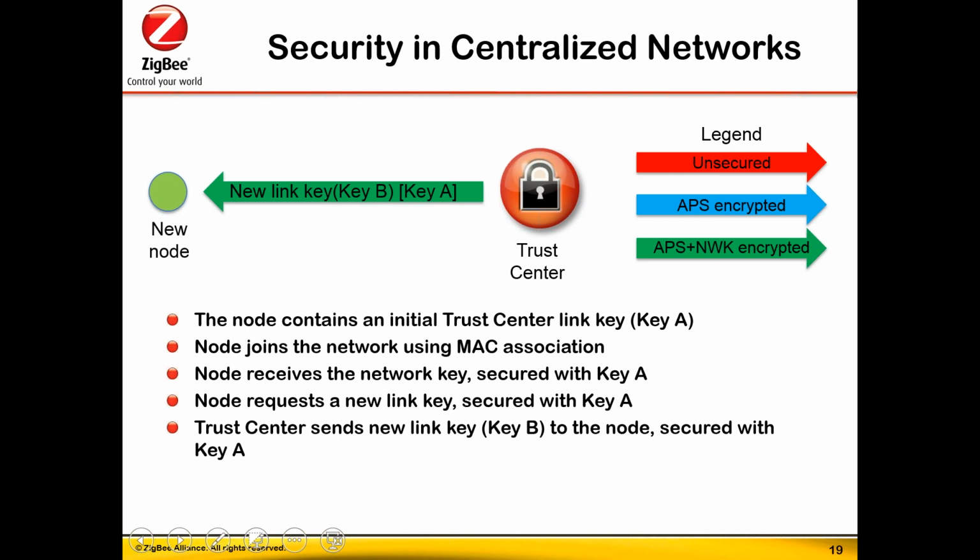So obviously the binding table is stored in flash memory on that device, and it can address either a unique device identified by its hardware address and an endpoint number, or it can address a group, which is just a short address, and it can also address multiple targets per cluster and source endpoint.